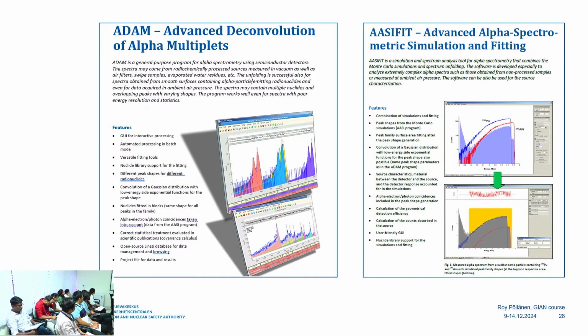So we developed two different software, ADAM and ASI plus fitting, so we can analyze these kind of spectra. Well, if somebody wants, we can send, but this is operating in Windows, this in Linux.